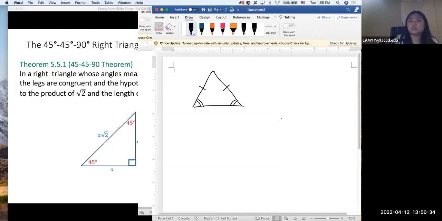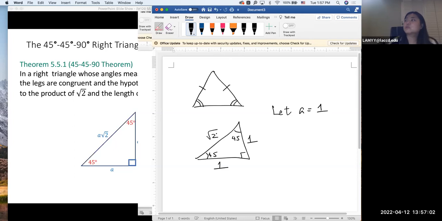If I draw this triangle here, 45-45, we're supposed to have A, A, and A square root of 2. If I let A equal 1, the leg becomes 1 here and the leg becomes 1 here, and 1 times square root of 2 is square root of 2.